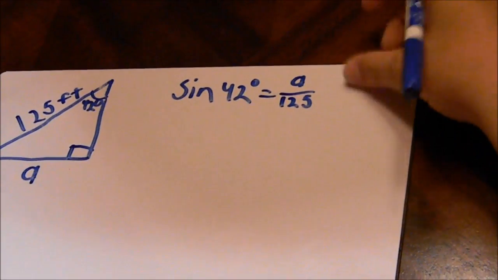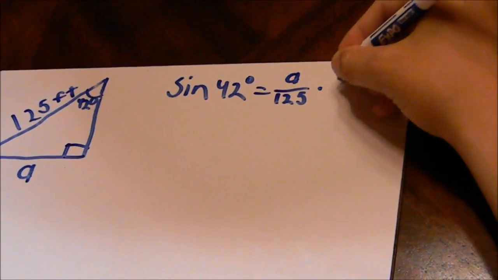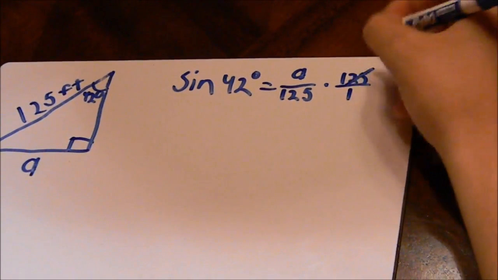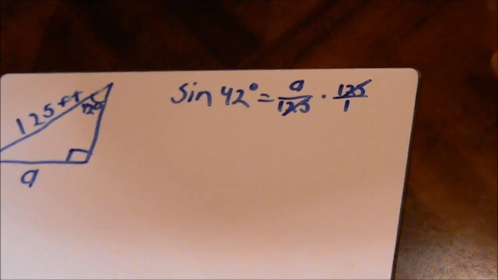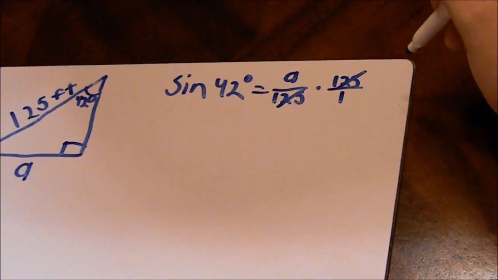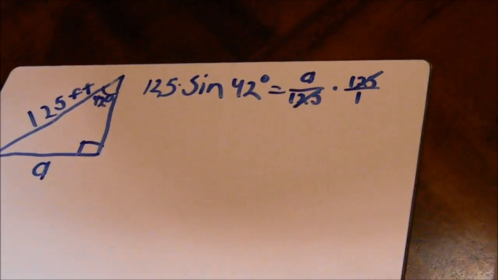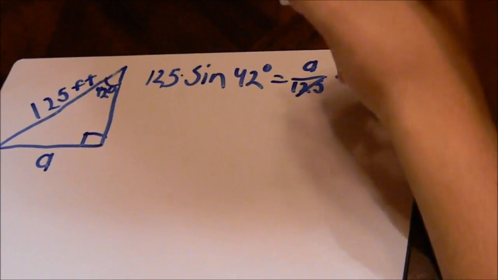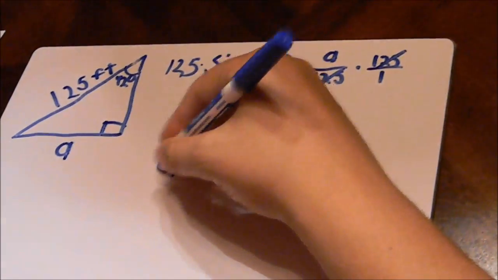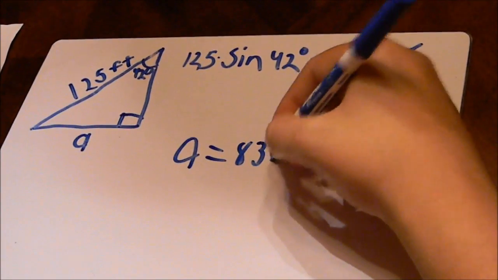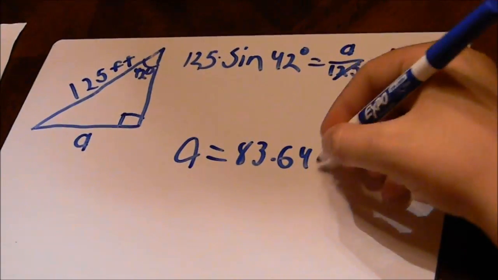In order to get A by itself, we must multiply both sides by 125, which would make these cancel out and leave you with A on this side. But since you multiplied by 125 on this side, you also have to multiply by 125 on this side. And when you do that, you plug it into your calculator, you see that the distance A equals 83.64 feet.